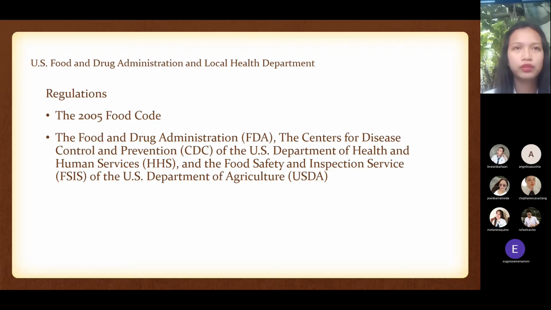The 2005 Food Code. The Food Code is a model for safeguarding public health and ensuring food is unadulterated and honestly presented when offered to the customer.